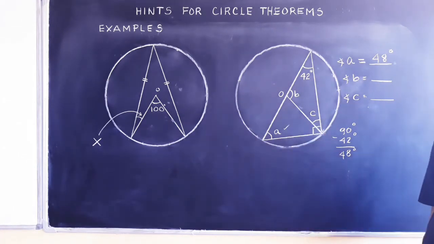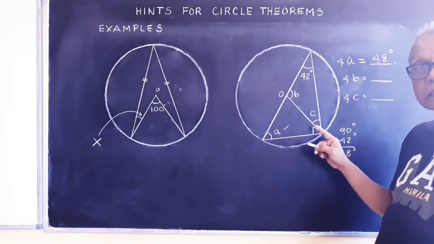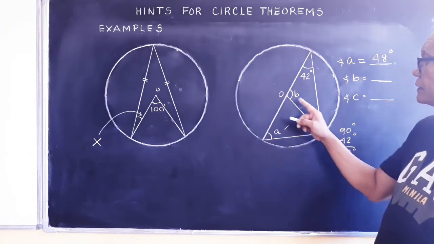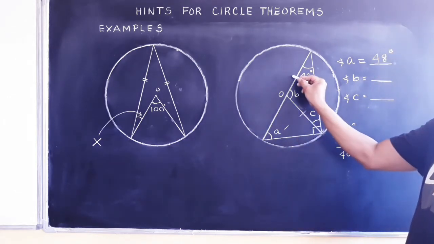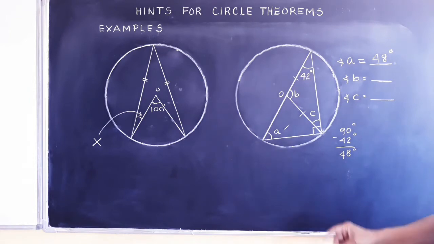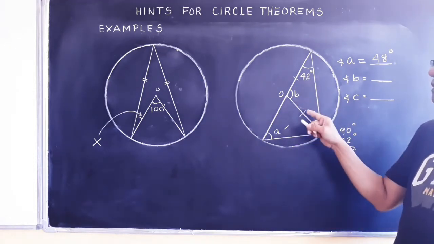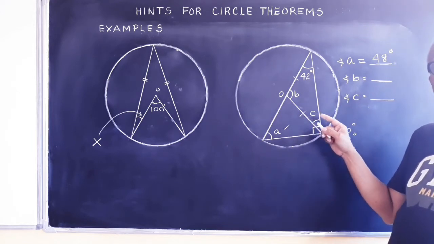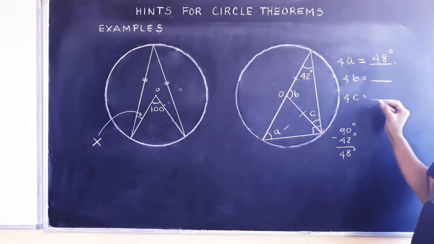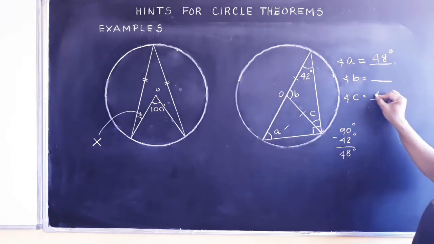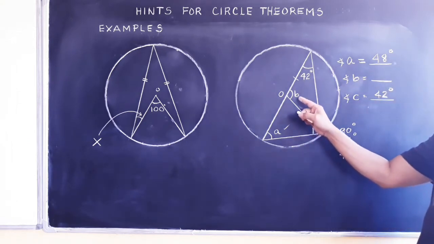So check. Now, what is the measure of angle C? Angle C is easier to find than angle B because we have here and here the radius of our circle. Now, this 42 degrees is the base angle, and the other base angle is C. So without complications, we know that angle C is also 42 degrees. Now, how do we find B?